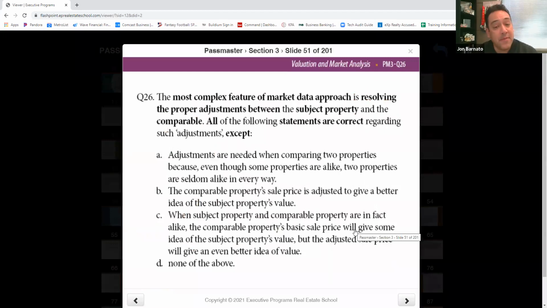The most complex feature of the market data report is resolving the proper adjustments between the subject property and the comparable. All the following statements are correct regarding such adjustments except.